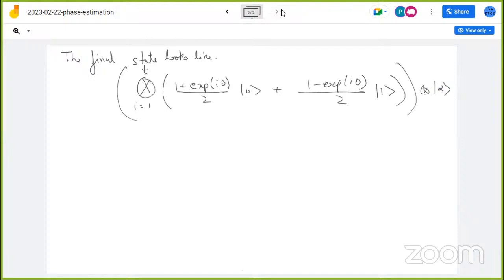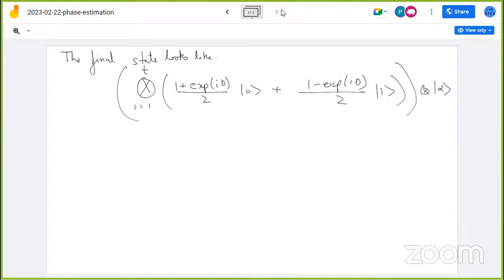Now if I measure all these qubits, what is the distribution? Yes, it's independent Bernoulli.